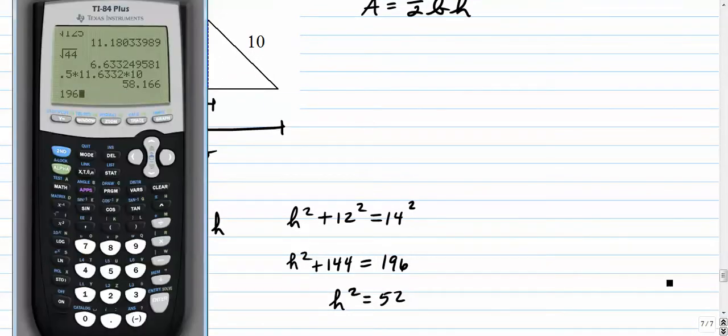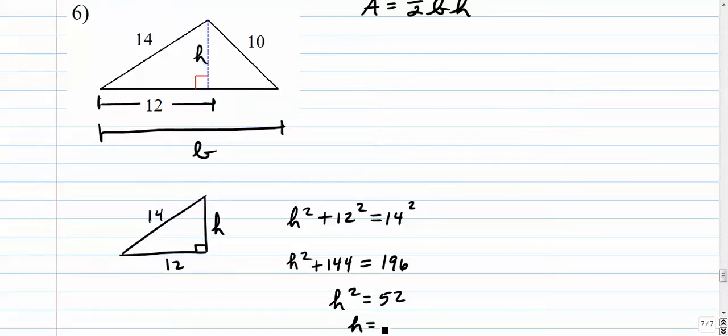Sometimes I make mistakes. 196 minus 144. Yeah, that's good. And the square root of that is a little over 7. I'll guess it's about 7.2 or so. 7.2111. Alright, great. So that's our height.